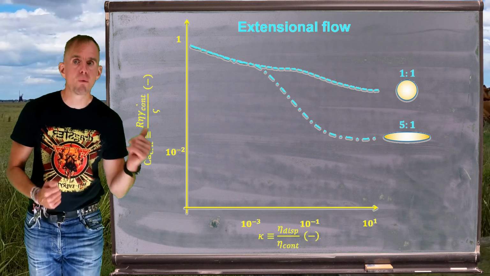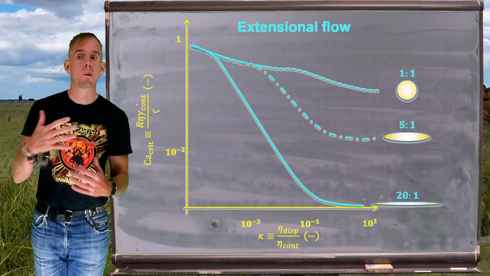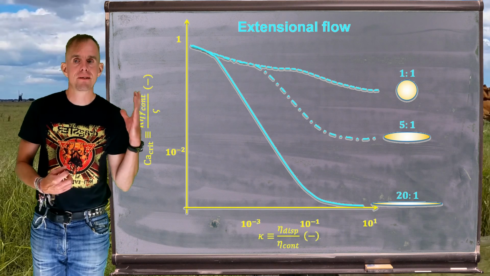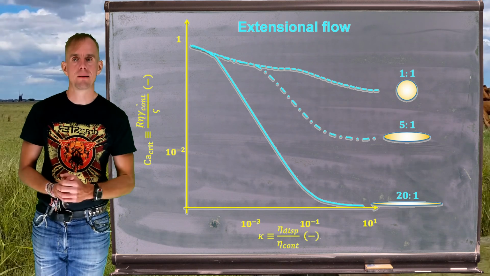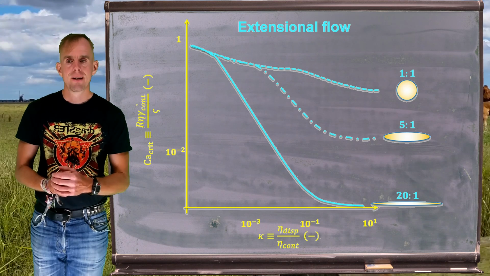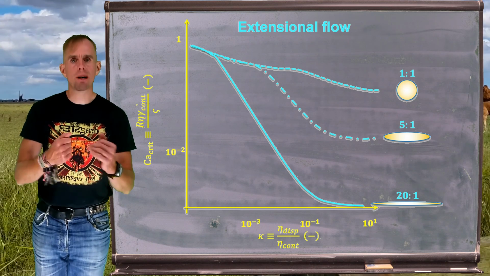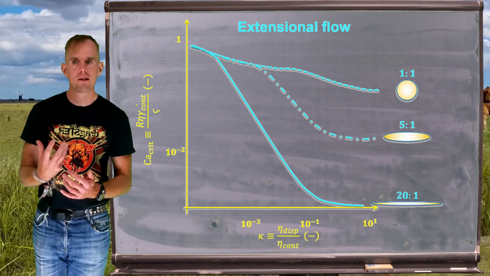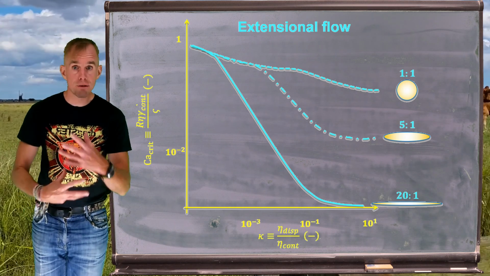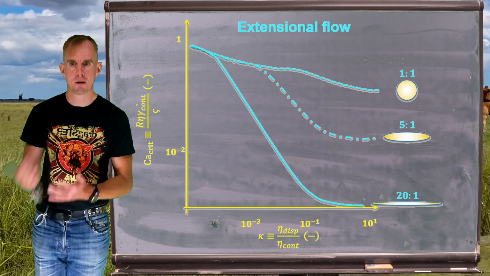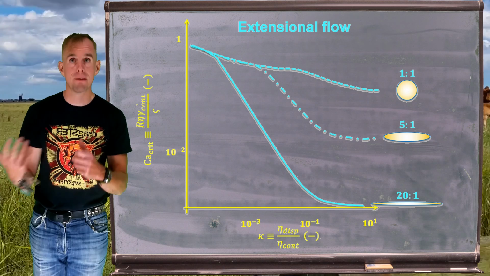If we look at even more elongated ellipsoids, say a 20:1 ellipsoid aspect ratio, we'll see that these elongated ellipsoids break up very, very easily indeed. So elongated ellipsoids are far easier to break up in extensional flow than spheres. And again, this is information that we can use if we're designing a device to break up droplets. Elongate them, then break them.